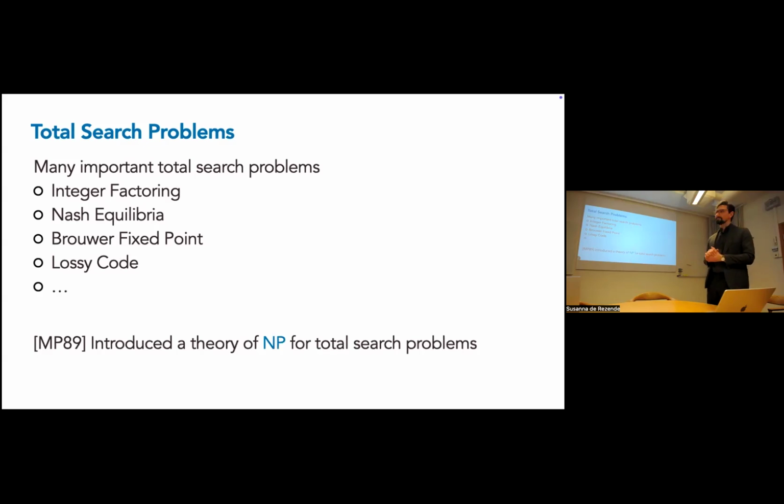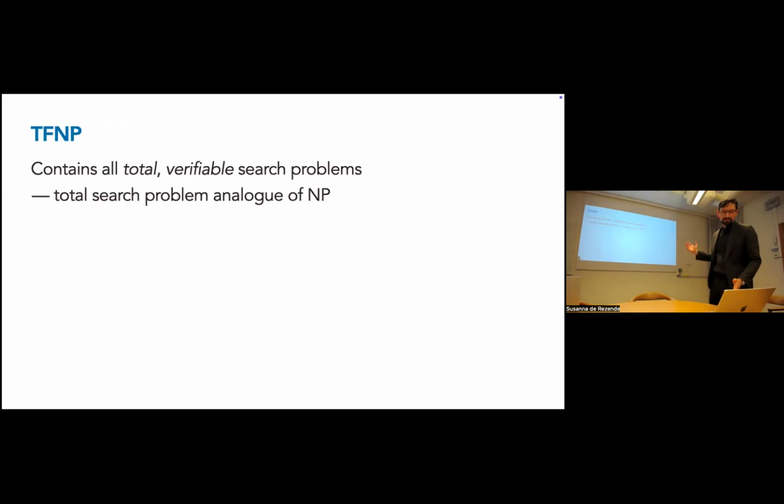So in the late 80s, this theory of NP for total search problems, called TFNP, was introduced. TFNP contains all total verifiable search problems, where verifiable is like the NP definition of verifiable.